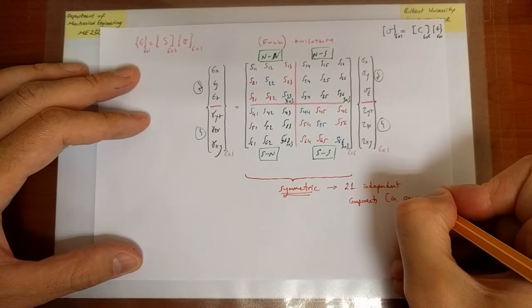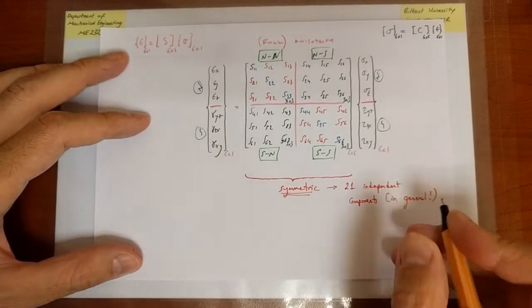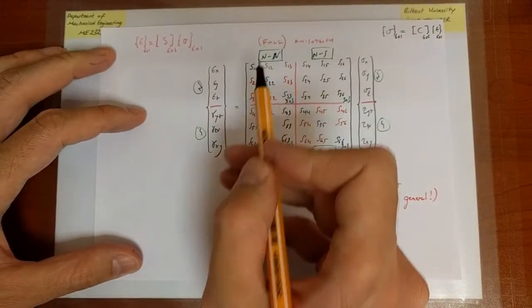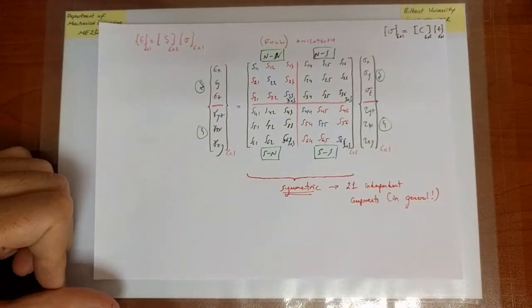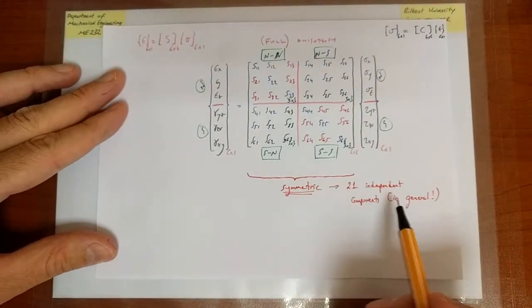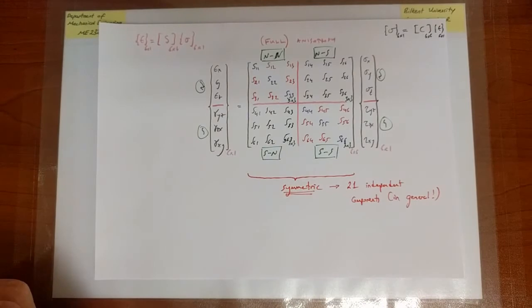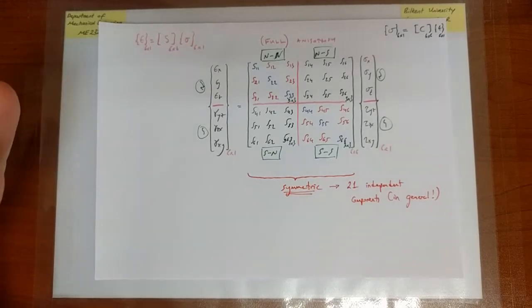In general, okay? In general meaning in the case of full anisotropy, there are some special cases in which I don't need 21. You tell me that there is a very specific type of anisotropy and I give you its name along with all the constants that you need to know about that special case of anisotropy, say only 3, and then you know its explicit structure.